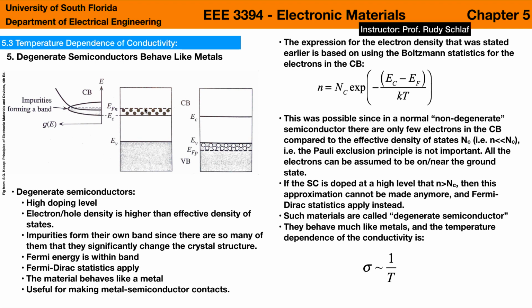Now here we cannot do this anymore, and so what we get is essentially the same treatment like for metals, and we end up with a conductivity dependence that is proportional to 1 over the temperature. So we have conductivity going down with rising temperatures, and the resistivity goes up when the temperature increases. This type of semiconductor is very useful for making metal semiconductor contacts on semiconductor wafers.